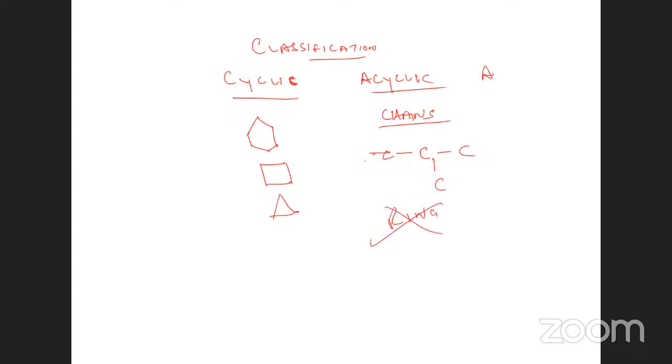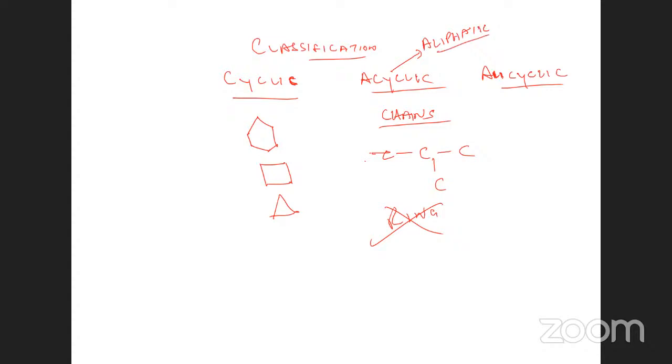Then if I say alicyclic, they form rings, and they also might have some aliphatic group attached to that, because acyclic means no cycle, so they sometimes, mostly use the aliphatic term. So it's acyclic, it's aliphatic, so that they may be chains or branches.